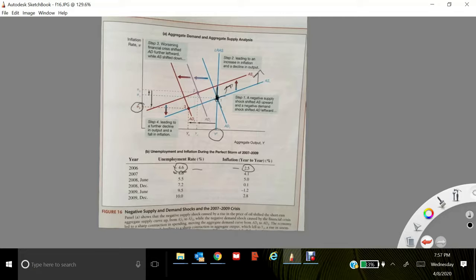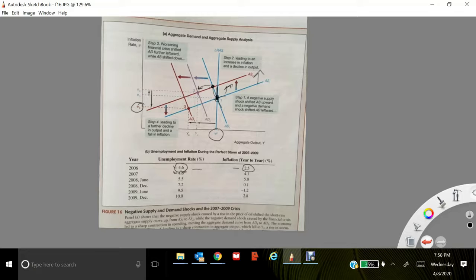So our initial equilibrium would be over here, and then in 2008, we had the housing bubble begin to burst, okay? Aggregate demand started to fall, okay? Housing prices started to fall.